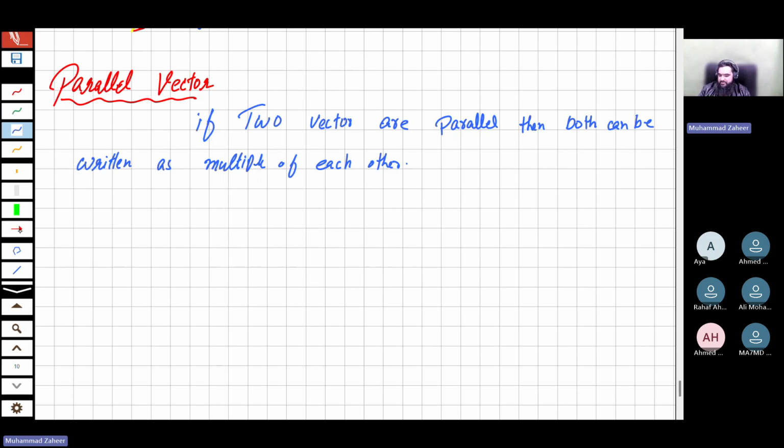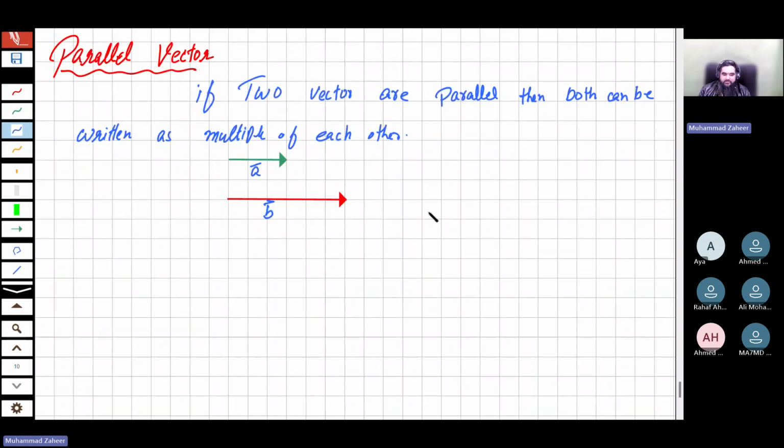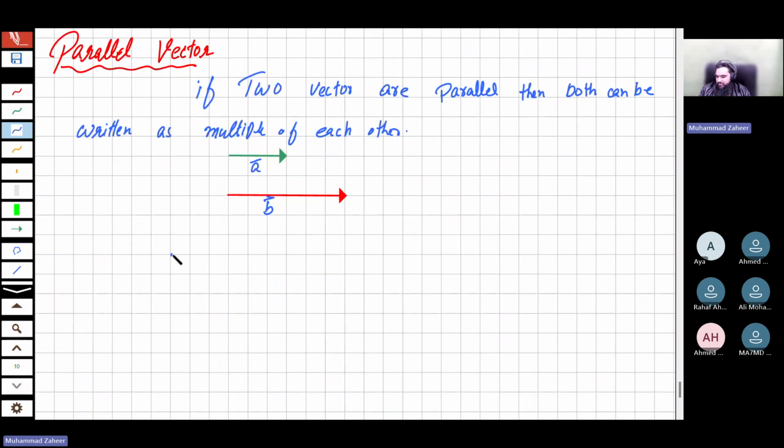for example, if I draw the vector, this is the vector and there is another vector and they are parallel. Let's say this is the vector A, this is the vector B, and they are parallel. So it means that you can write one vector as a multiple of the other one. It may be 1.5 times this.